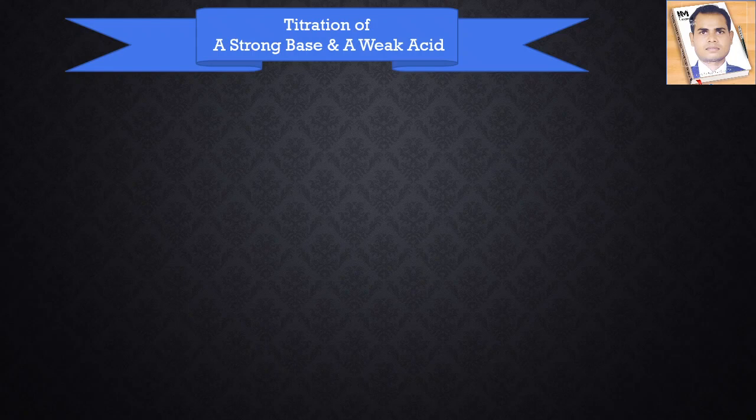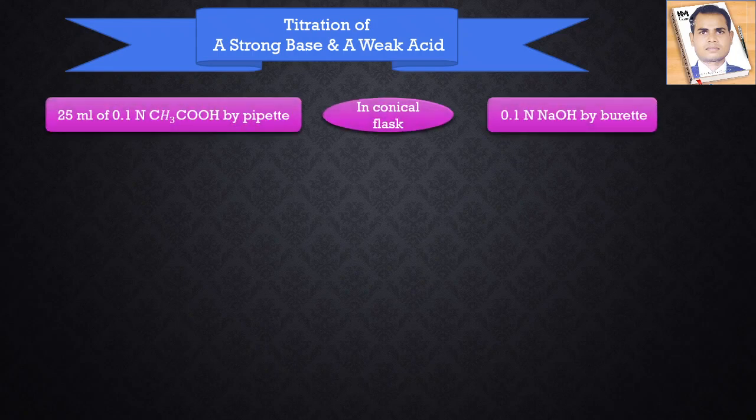So in this titration, let us consider the titration between 0.1 normal NaOH and 0.1 normal acetic acid, that is, CH3COOH. In this case, NaOH is the strong electrolyte. How can we identify that NaOH is the strong electrolyte and CH3COOH is the weak electrolyte?